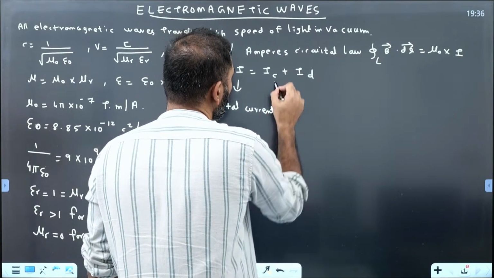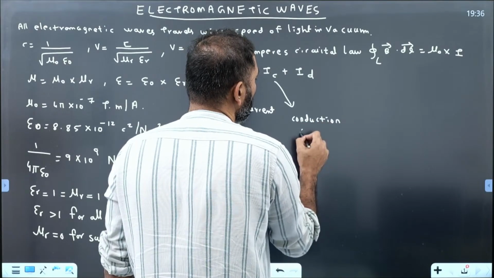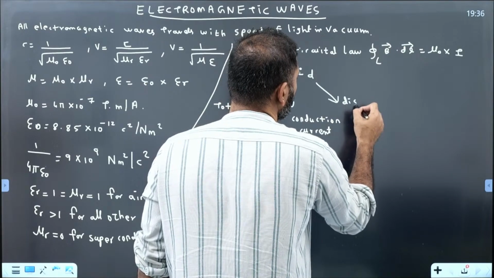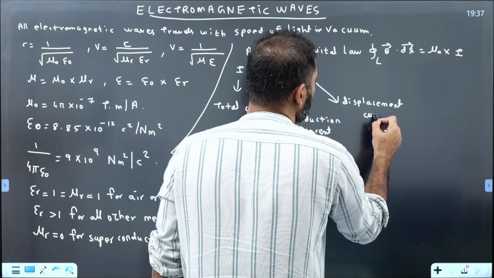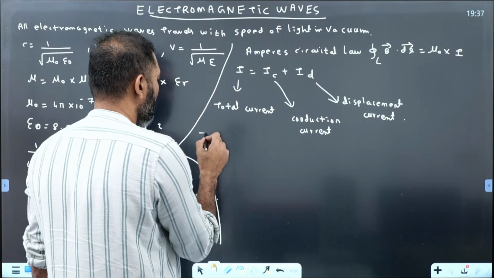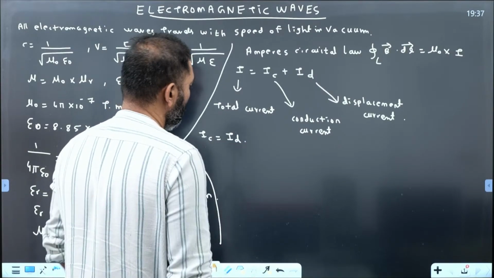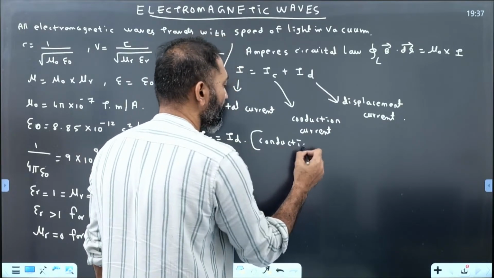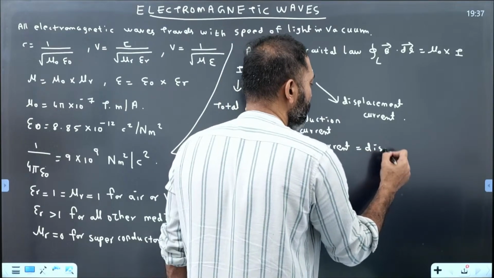I sub C is conduction current. I sub D is displacement current.